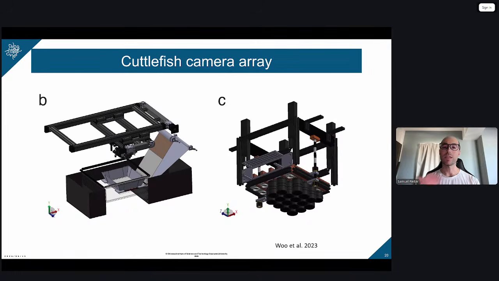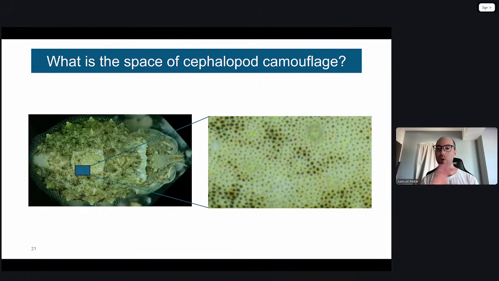And to deliver different visual texture backgrounds, we printed different images, visual textures, onto a fabric roll that allowed us to roll the different stimuli into the tank that the animal could camouflage to. So this allowed us to get two sorts of images.